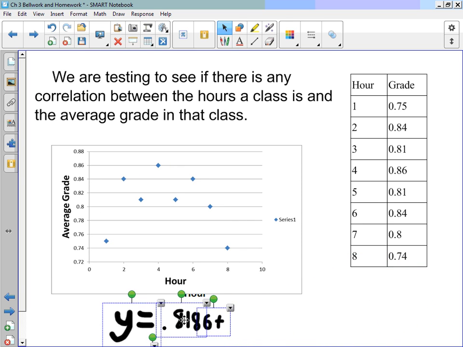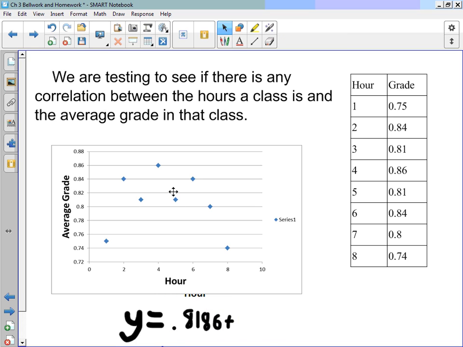Plus, I'm just filling it in. Negative 0.0027. We'll say 4, just for kicks and giggles. And then we put the x.